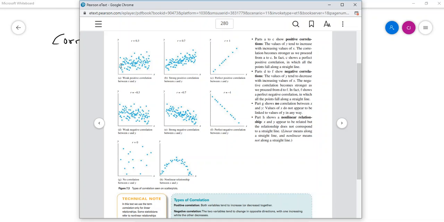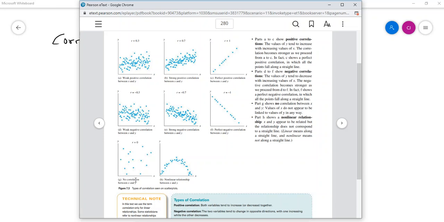In this case, this is a positive correlation also. This is going up, positive. This is going up, positive. These are going down slightly, but they're still going down, negative. This is going down, negative.